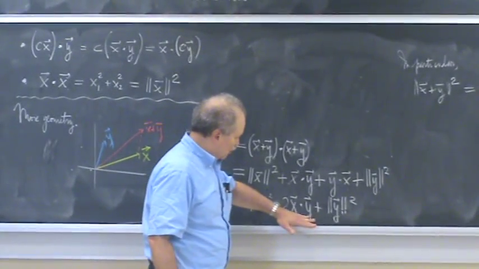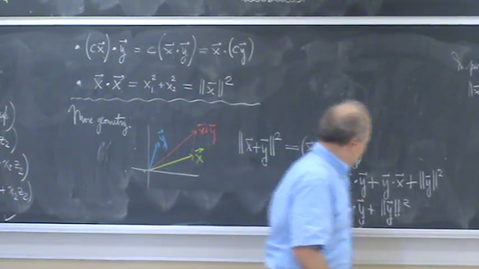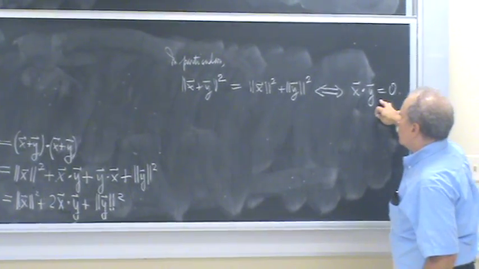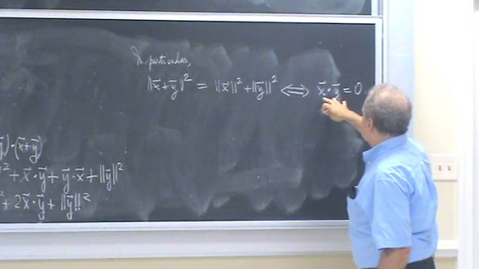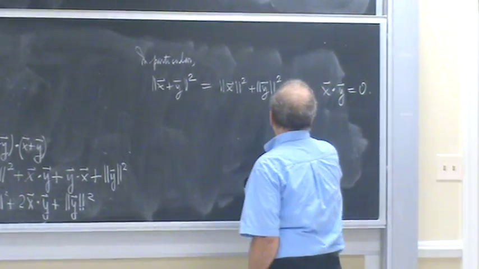But in our world, twice a number is 0 if and only if the number is 0. Okay, so magnitude of x plus y squared is the sum of the squares if and only if the vectors are orthogonal.